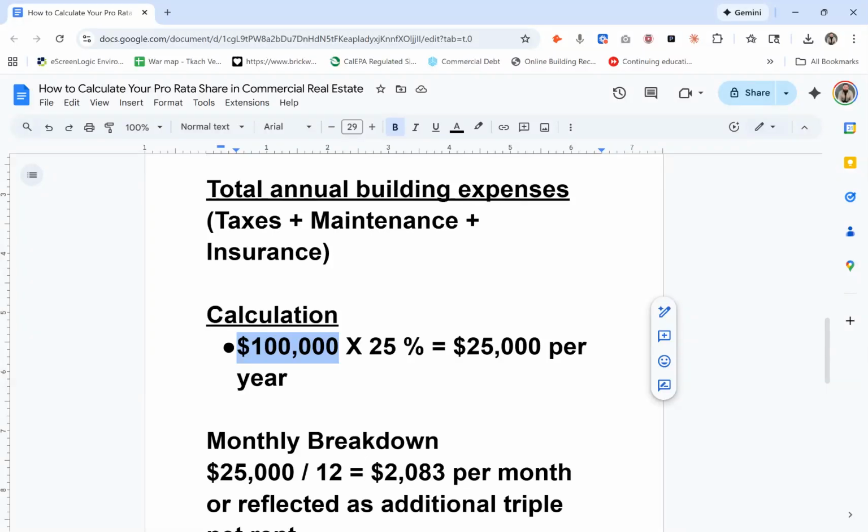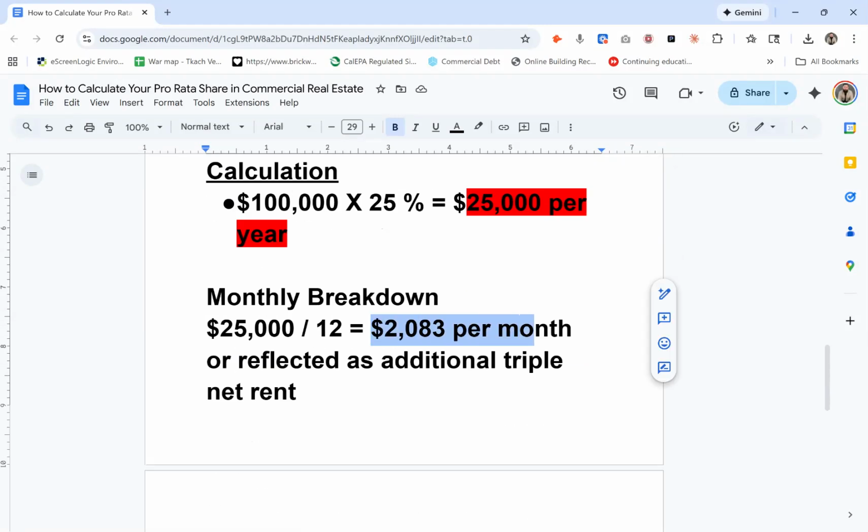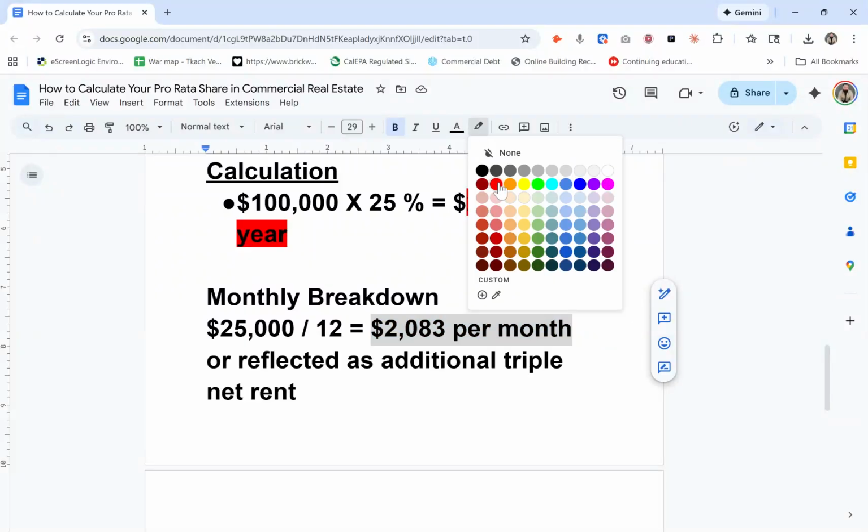That's what they are per year. And your pro rata share is 25% of that. So your yearly triple net expenses based on the pro rata share of the building that you're occupying come up to 2,083 per month. Okay, if we divide that by 12.